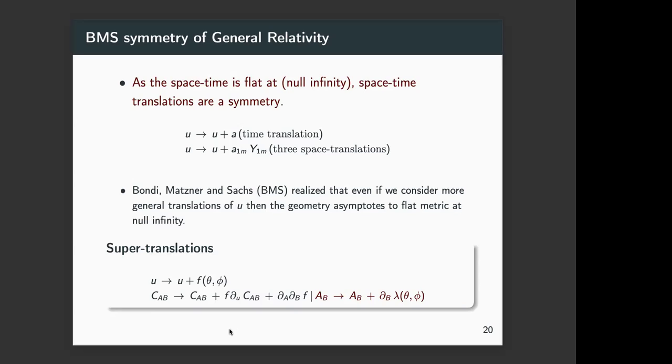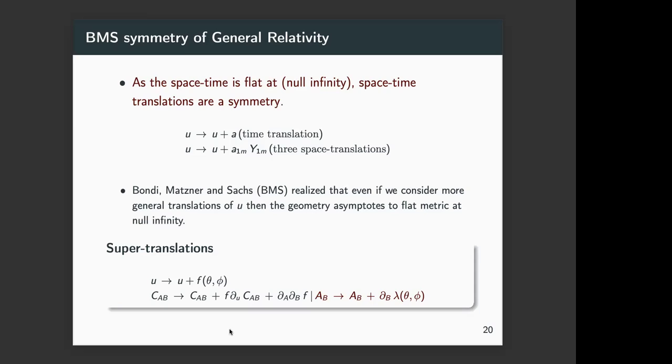So these are really symmetries of our theory, in the sense that they take one spacetime which is Minkowski at large distance and map it to a spacetime which still remains Minkowski at large distance. The action of this f is not trivial, because you can check that the shear, which is a physical field because it's radiation at infinity, changes under supertranslation. So even though these look like coordinate transformations, they are really physical symmetries of the theory because they change the radiation field at infinity.